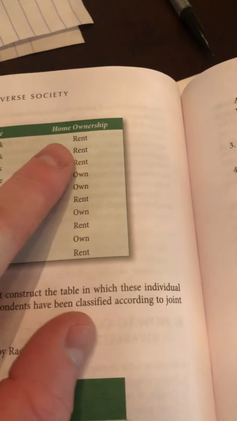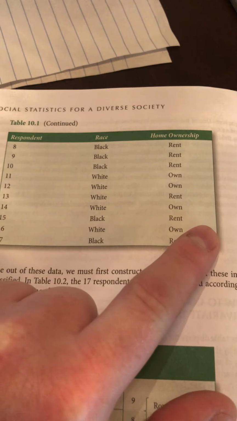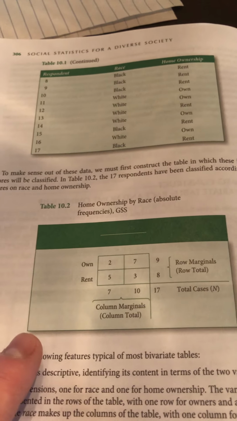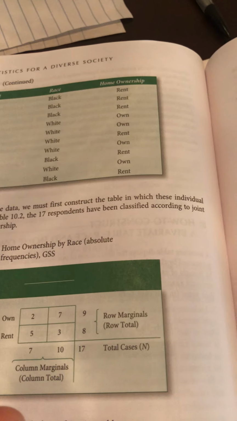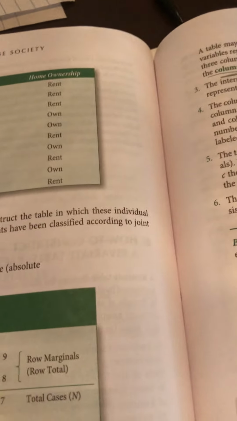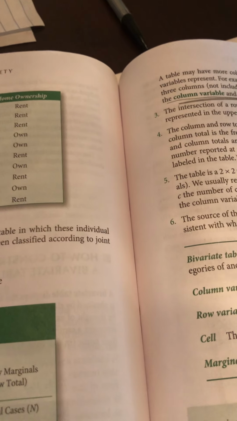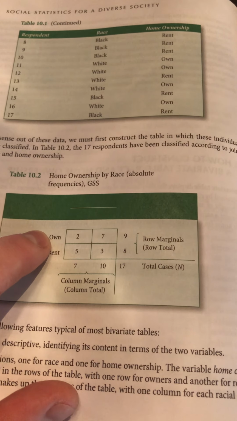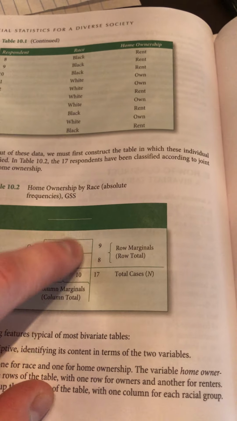Okay, so here's the breakdown of each respondent, their race, and their home ownership, and then it's collected in this little table. So basically, you have your race across the top, so your column variables, and then your row variables are your dependent variable, which is the home ownership stuff. So dependent variable in the rows, independent variable in the columns.